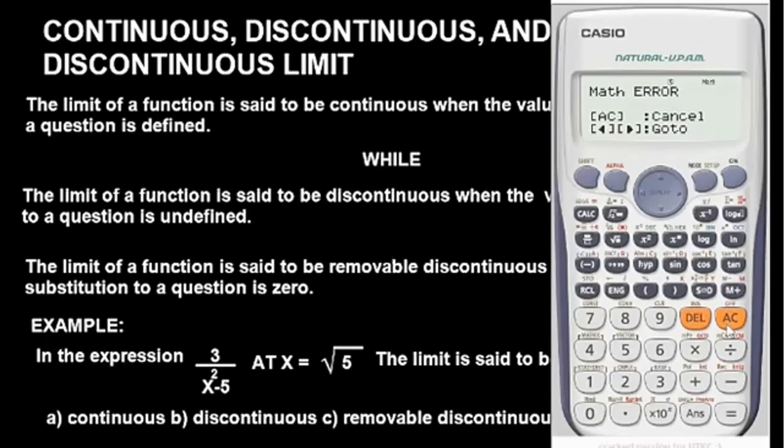But since we didn't get a definite value, neither did we get 0, this is a discontinuous limit, right? So this is basically how you can know when a limit is continuous or discontinuous or removable discontinuous. It's as simple as that, right?